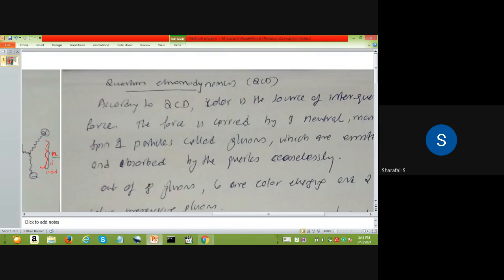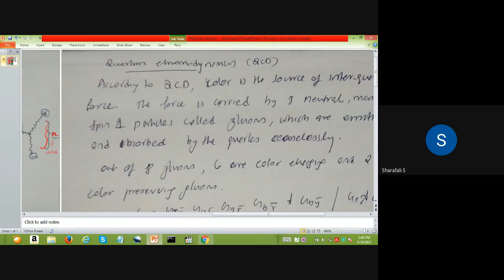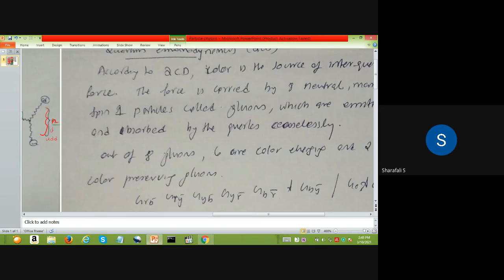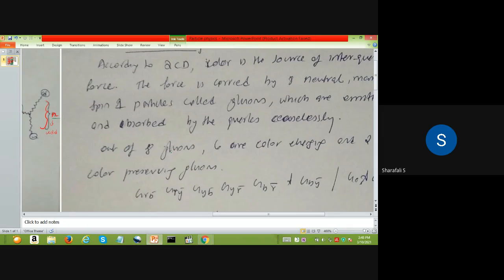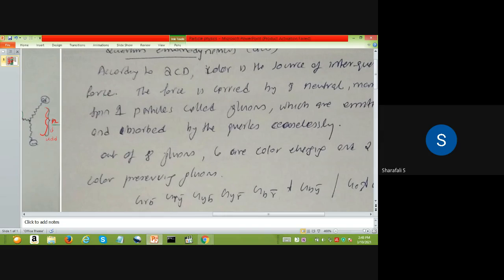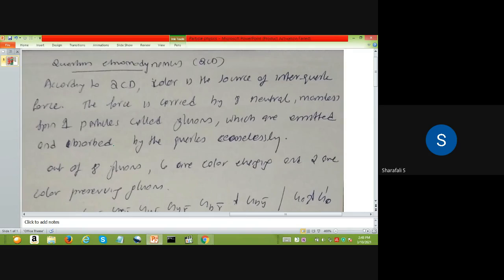Now, if you look at quantum chromodynamics, according to quantum chromodynamics, this color is the source of interaction. We already discussed that quarks interact very strongly. They have a very high attractive force between them.